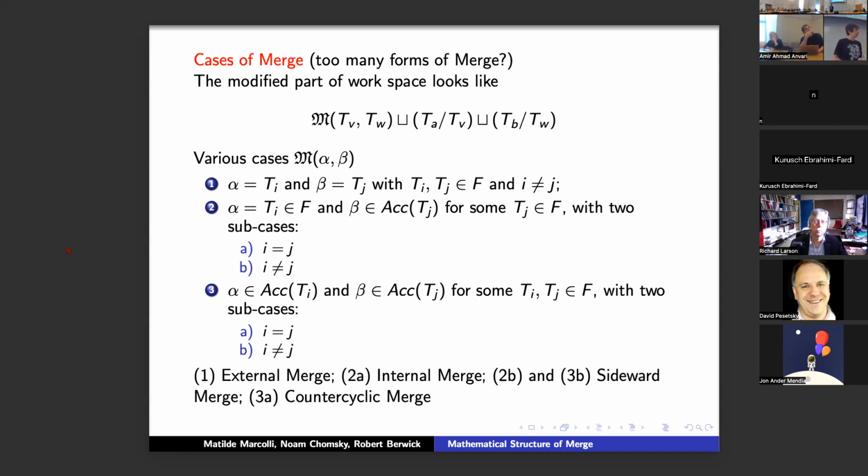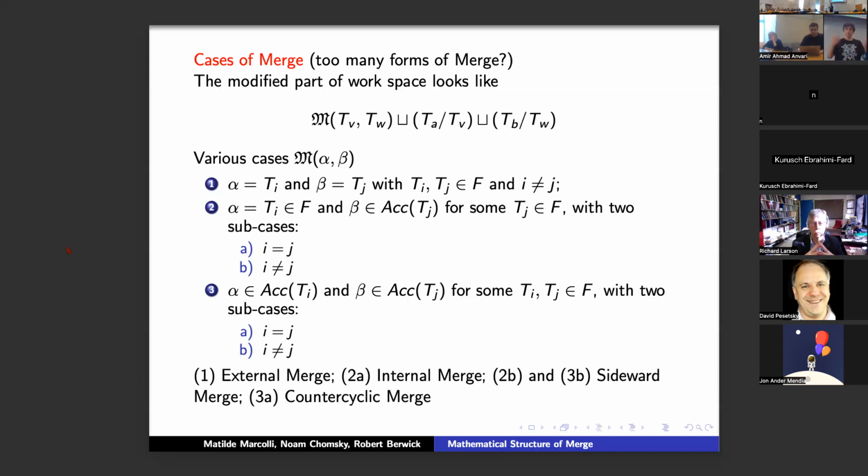One case is that both of them are entire components of the workspace. Another case is that one of them is an entire component and the other is an accessible term of that same component. And these two are the ones that correspond to external and internal merge.